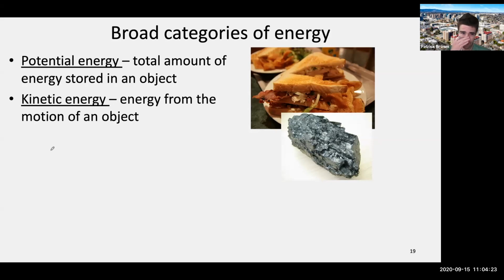And then the other broad category of energy, which is much more important for our discussion today of the first law of thermodynamics and temperature, is kinetic energy. That's energy from the motion of an object. It's kind of intuitive that things that are moving around have a lot of energy.